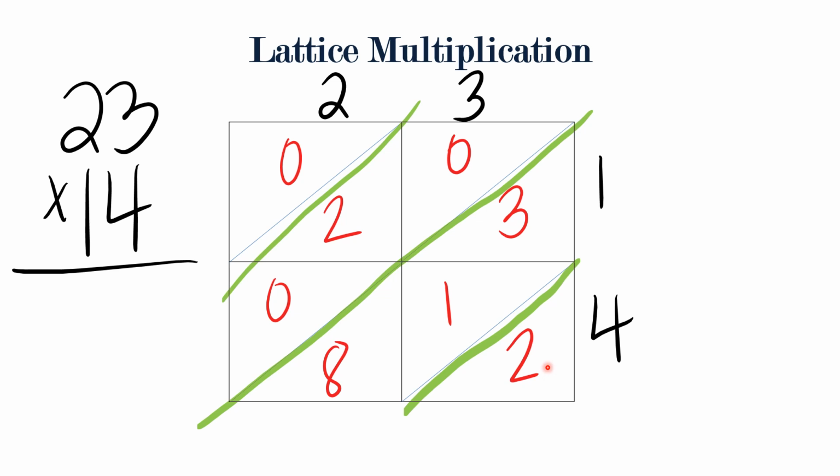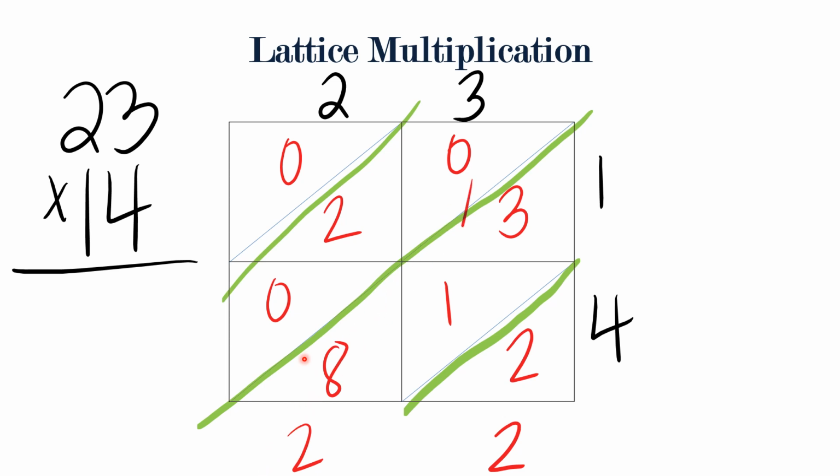All right, so let's start adding. 2 is the only digit that we have in the ones place, so that just drops down. In the tens place, we have 3 plus 1 plus 8 is 12. 12 tens would be 120, so we need to move that 1 over into the hundreds column.